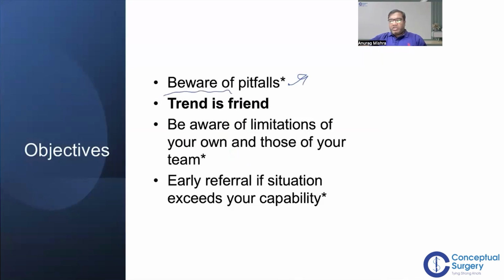This is a very important term which we'll keep using again and again: trend is friend. Now, a simple value of, let's say, a hemoglobin of 8, you may say, okay, this is okay. Patient can still survive on this. But if I tell you that 1 hour back, the hemoglobin value was 12 and now it is 8, suddenly this becomes a difficult situation.